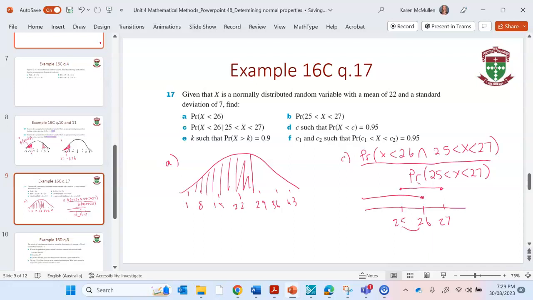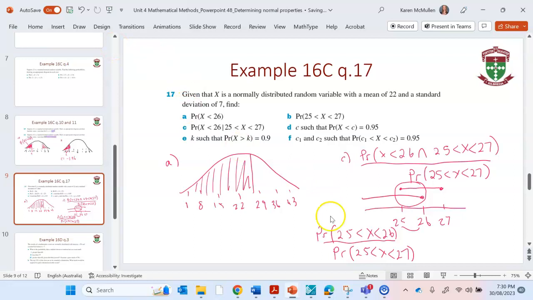Where do they overlap? They're overlapping there. So we want to basically do the probability that X is between 25 and 26 over the probability that X is between 25 and 27.